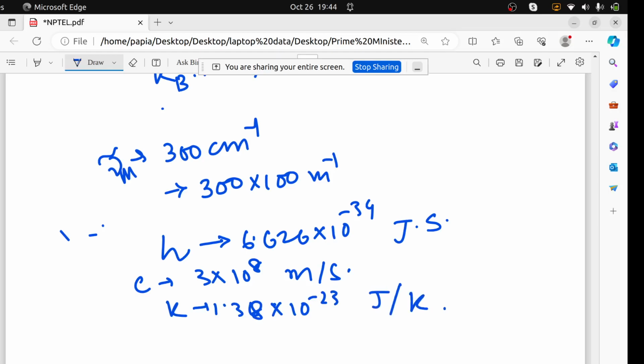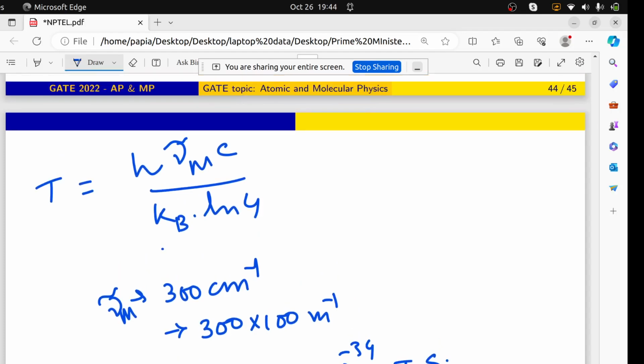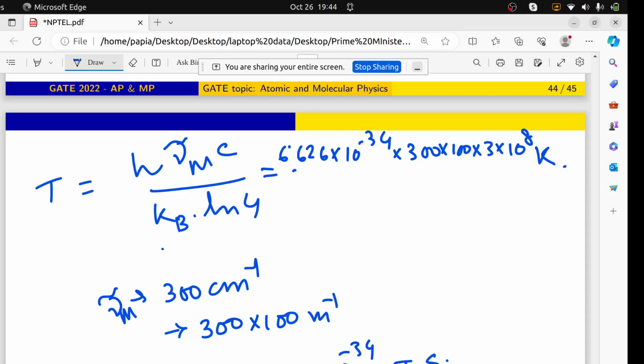So if I put all these things here, then the answer will be in Kelvin only. So what will be the value here? 6.626 times 10 to the power minus 34 into 300 into 100 into 3 times 10 to the power 8 divided by 1.38 times 10 to the power minus 23 into ln 4.